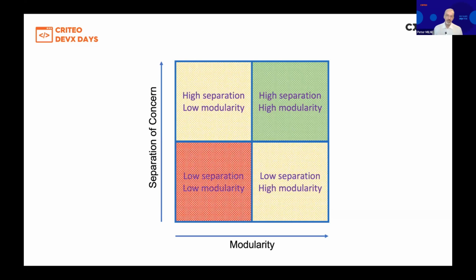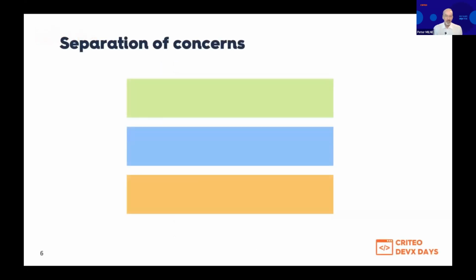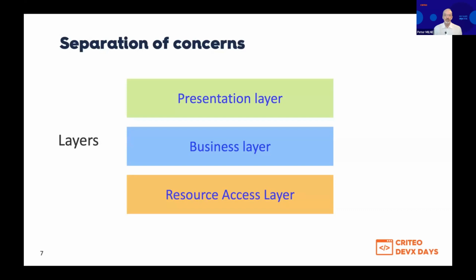Let's talk about separation of concerns. So these three colored boxes represent something like layers in any solution. Naturally, most of us as software engineers build things this way: a presentation layer, a business layer, a resource layer. Presentation layer is what users or the external systems touch, like a UI or an API or a CLI.